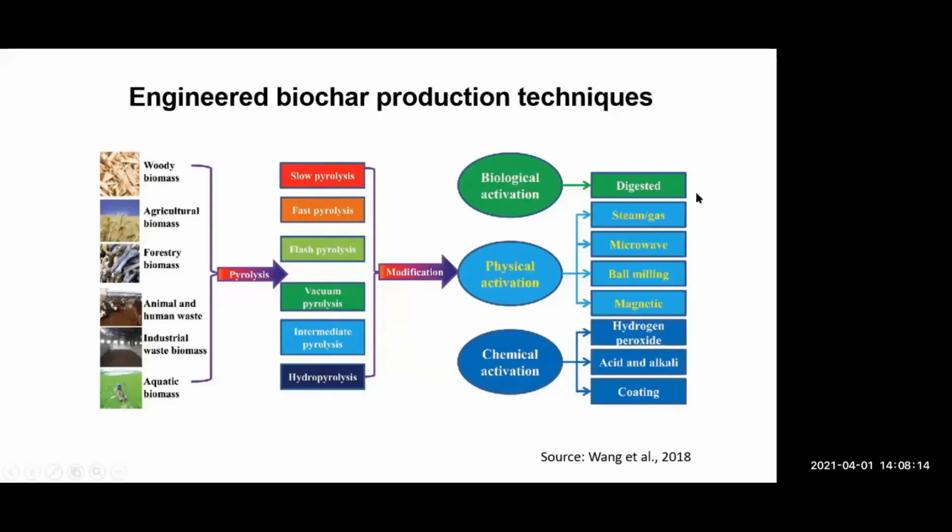Biological methods utilize digestion using microbes. Physical activation uses gas, steam, microwave, ball milling, and magnetization. Chemical methods require chemicals such as hydrogen peroxide, alkali, and acid, and coating or impregnation. These techniques provide desired properties to the biochar as required for a particular process.